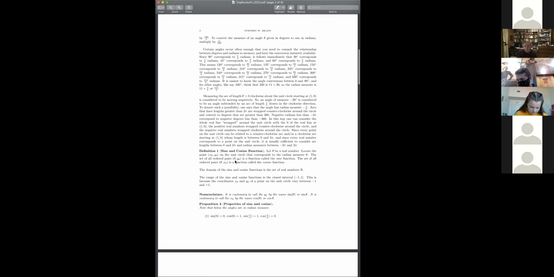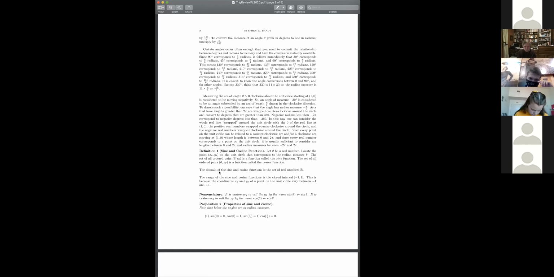The set of ordered pairs that you make is called the sine function if you take the real number, which is going to be an amount of arc length, but it's a number, and the height, the second coordinate. In other words, if I have a pair of numbers on the circle and it's a unit circle, the second number is called the sine of the angle.